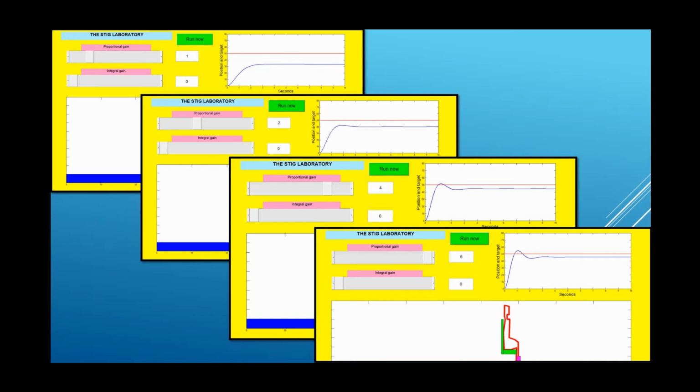When I keep integral gain at 0 and only change the proportional gain, as the screenshot shows, when the proportional gain increases from 1 to 5, the steady state of the response will increase. Furthermore, the response speed and overshoot will also increase with the proportional gain.